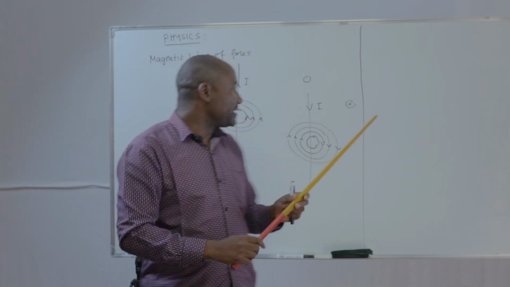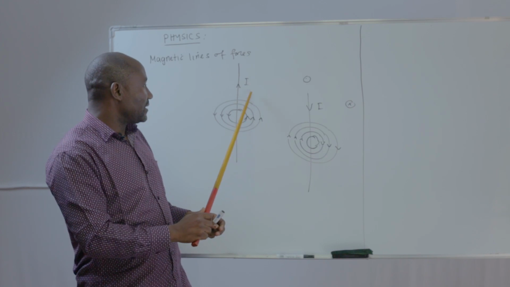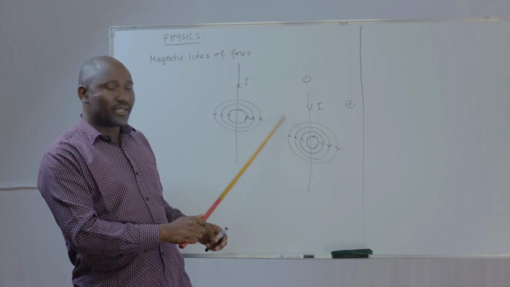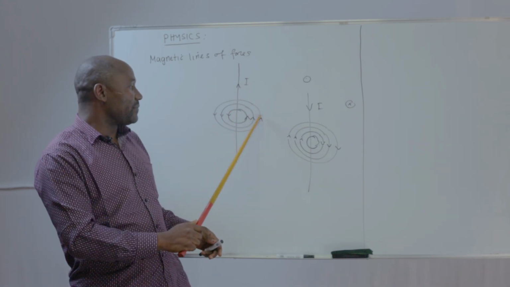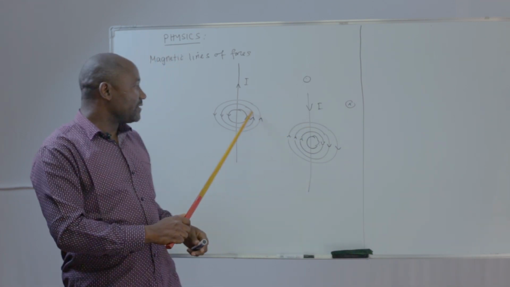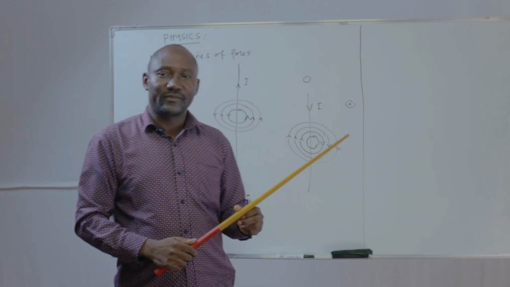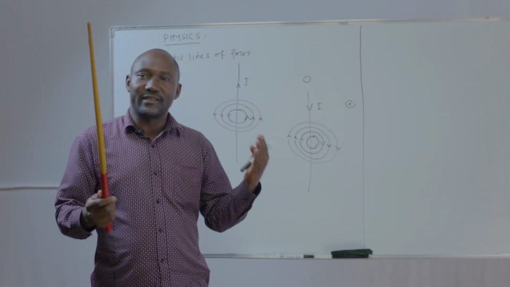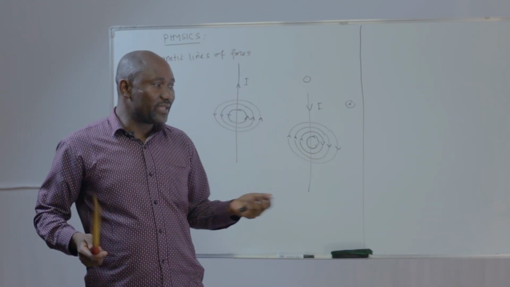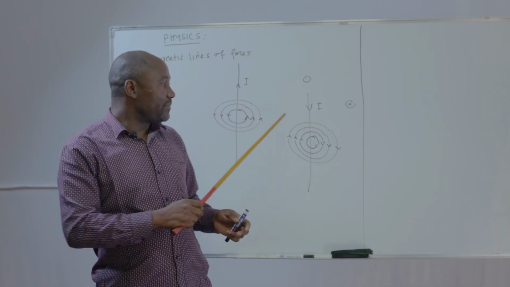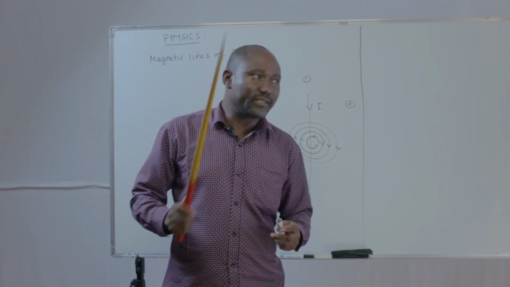Because of the current, the wire produces a magnetic field. If you bring another conductor which is carrying current, that wire will experience a force. But today, we are going to see the magnetic field which has been created.